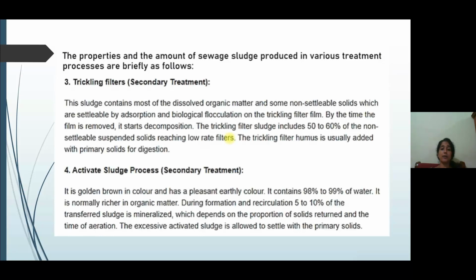Then the sludge collected from trickling filters includes 50 to 60% of non-settleable suspended solids. And in the activated sludge process, that is formation and recirculation, 5 to 10% of the transferred sludge is mineralized.